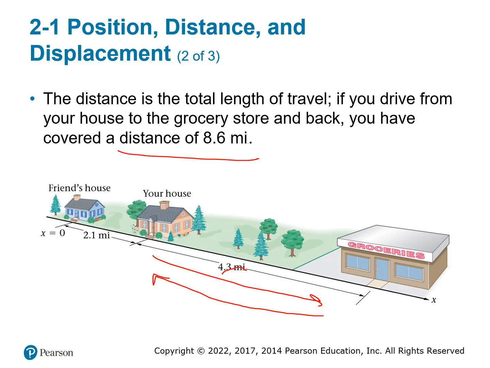Distance is a scalar quantity. It does not rely on direction. It could quite literally care less about direction. It just cares about the total amount that you moved, whether you go forward and backwards, up and down, right, left, or right, right. It's just the sum of the total length of your travel.